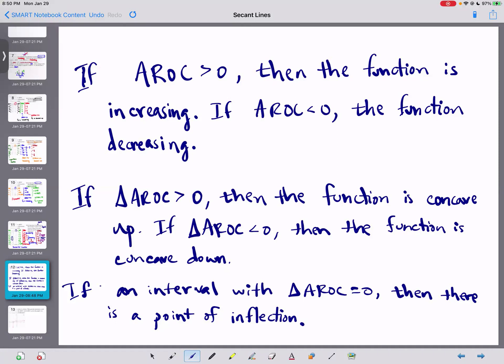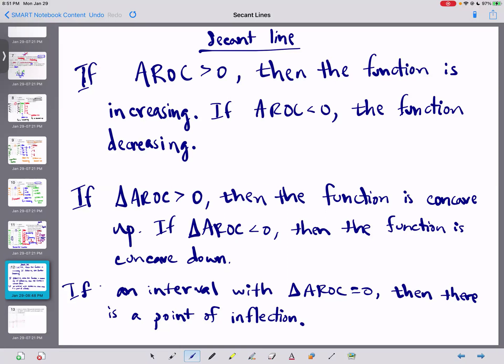So AROC stood for average rate of change, delta AROC, the change in the average rate of change. And visually, that would be a secant line. So the slope of the secant line would be the AROC. That's why I'm sometimes saying AROC and sometimes saying secant line, because the AROC is the slope of the secant line. So if you got that down, then tonight was a win. That was the whole goal.